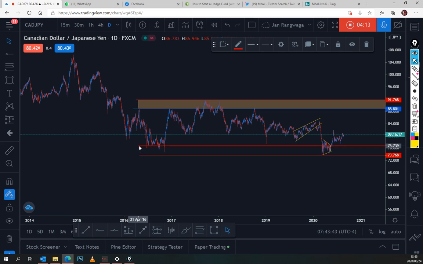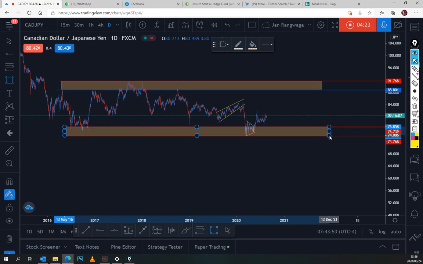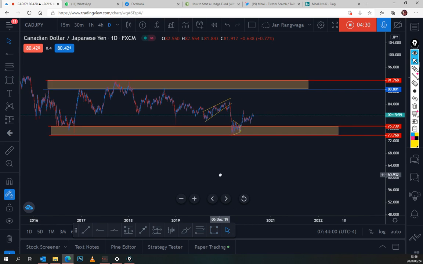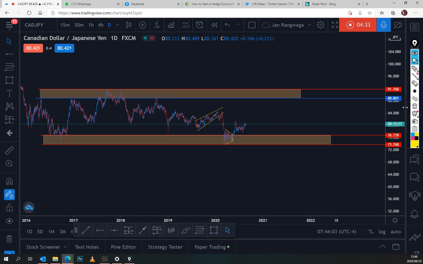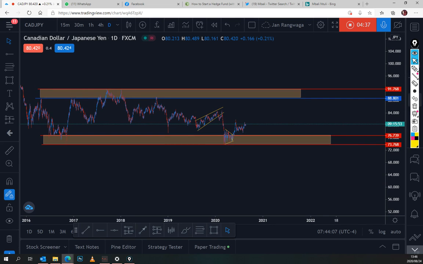There's another zone. It's another zone. Oh man, I'm sorry. So this is another zone. What we are seeing here is that it has been ranging inside here.